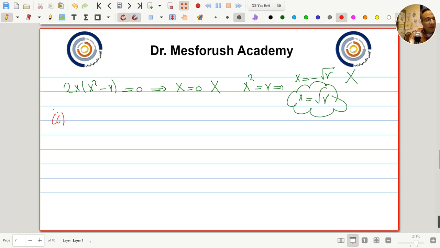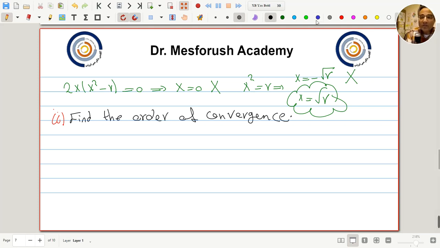And about the second part, find the order of convergence.